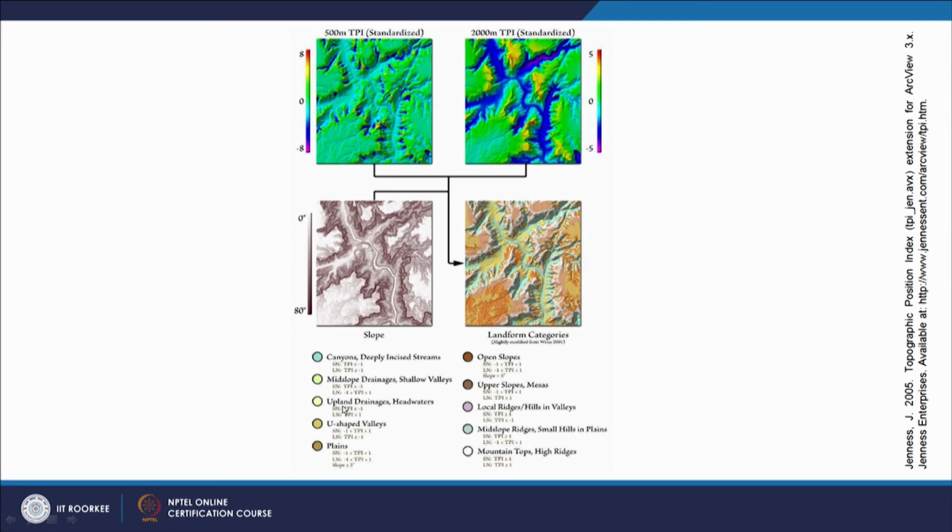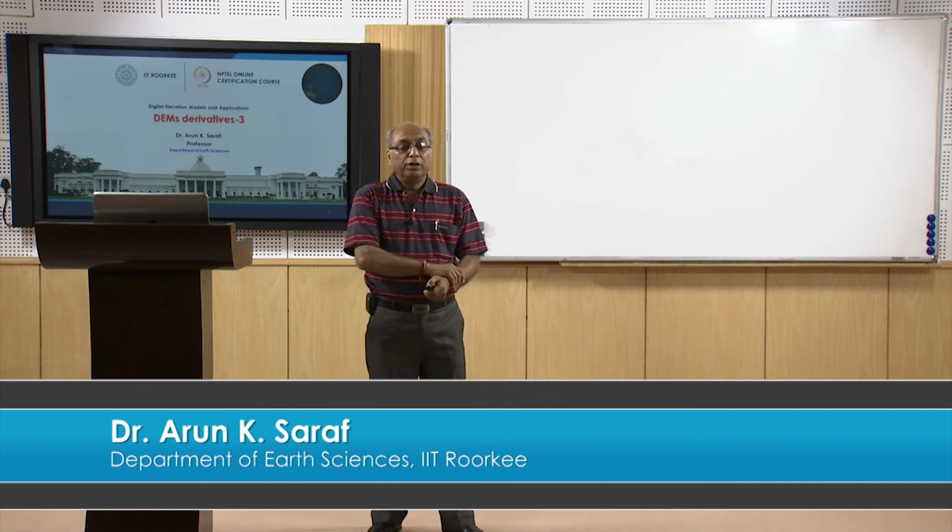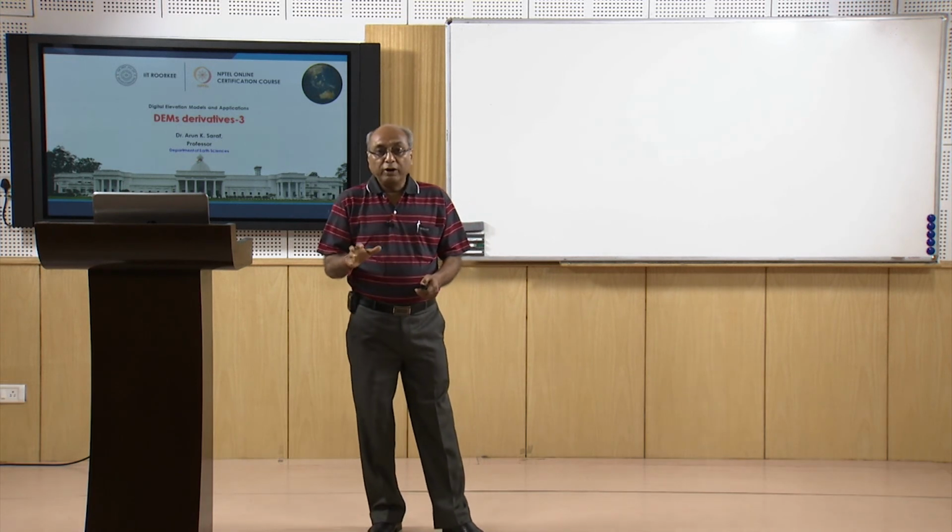What we get here is that, based on a simple digital elevation model and TPI calculations, we can do landform classification very accurately rather than relying on visual interpretation, which may involve human bias. That can be avoided with the digital elevation models, calculating TPIs first at 2 different scales and then combining and classifying by landform categories. So we can get a final product something like this.